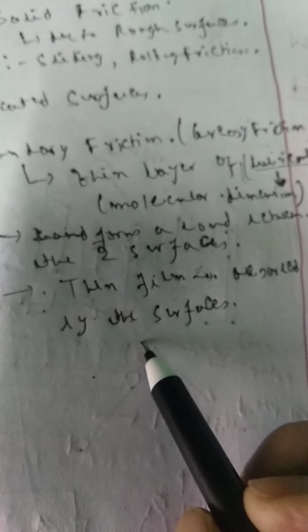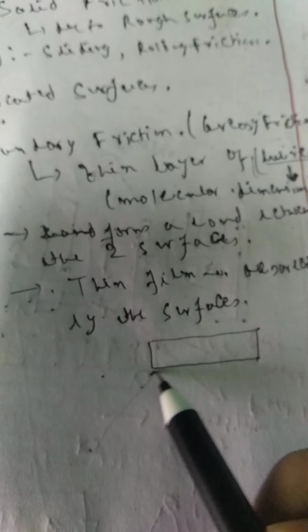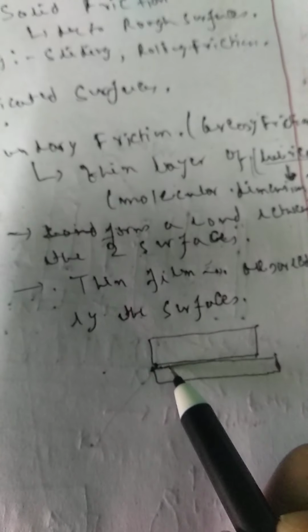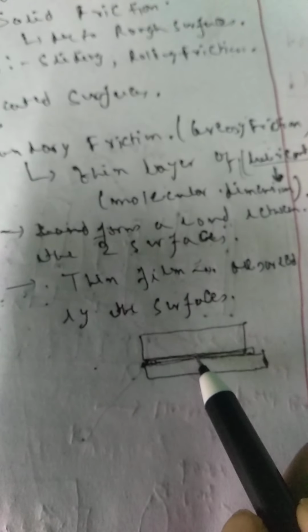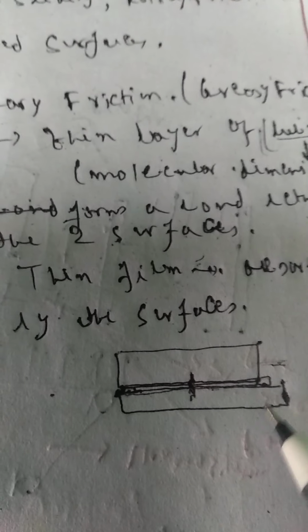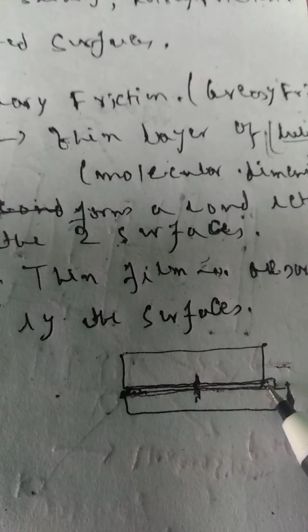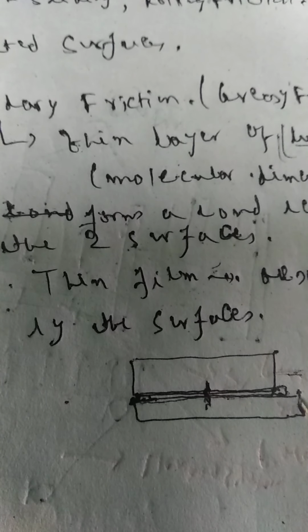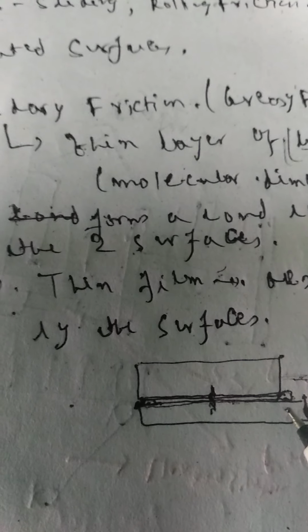Suppose there are these two surfaces, and this lubricant forms a thin film between them. Due to this bonding, when you move this block over another block, the thin film formed between the surfaces results in a lesser amount of opposing force.